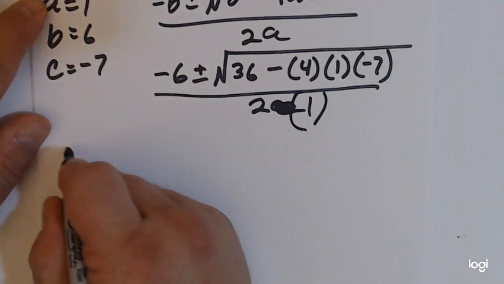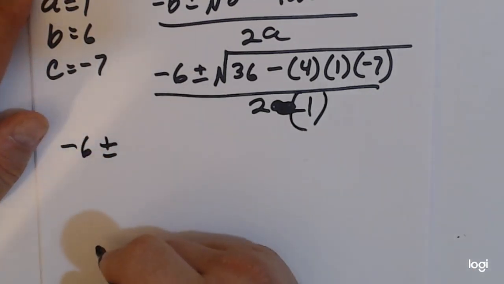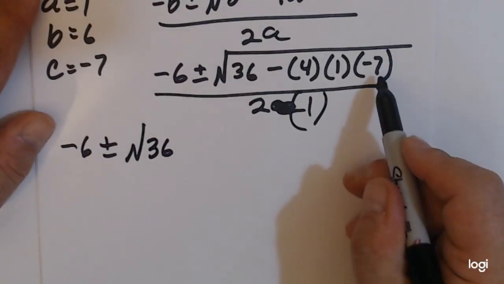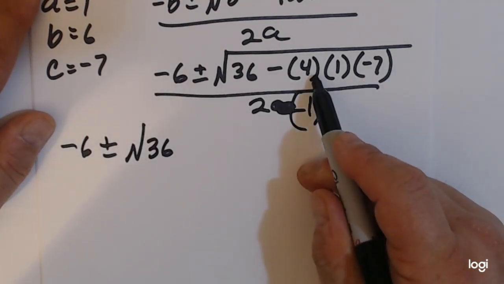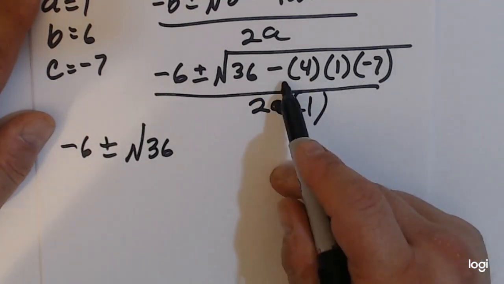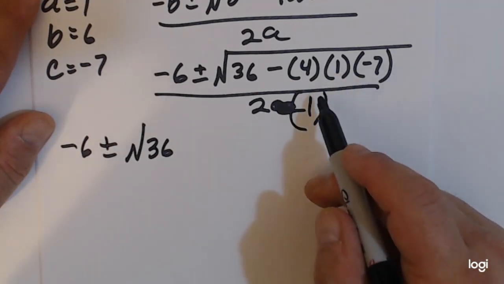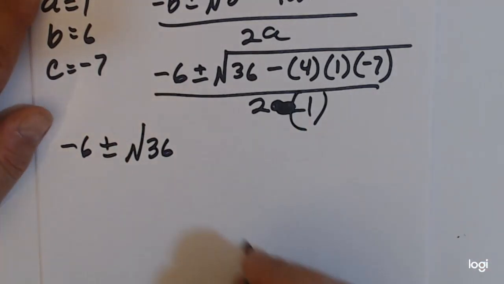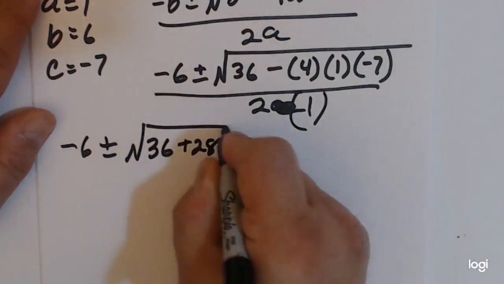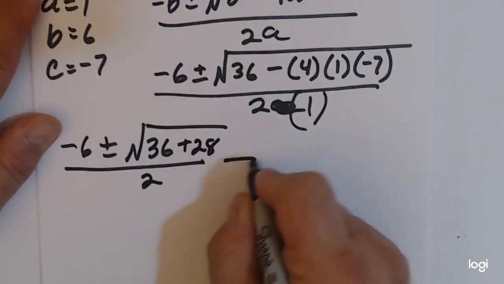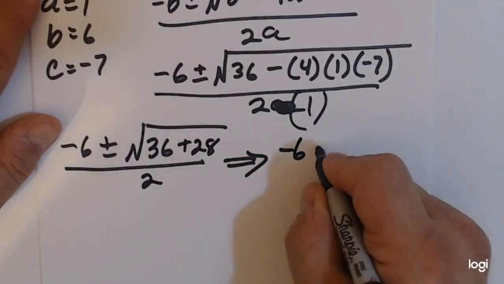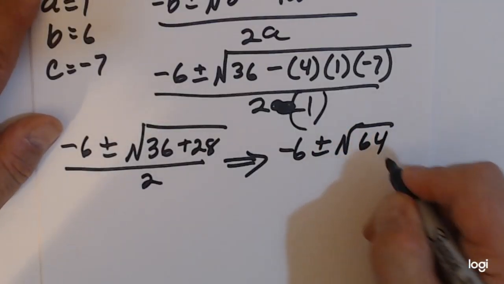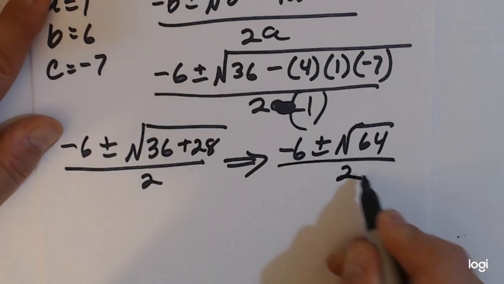So we have negative 6 plus or minus the square root of 36. Let's see, negative 7 times 4 is negative 28. So 36 minus negative 28 is 36 plus 28. Let's write it out here, all over 2. And that's going to give us negative 6 plus or minus the square root of 64. That makes things easy. Over 2.